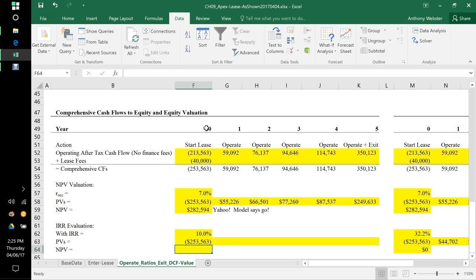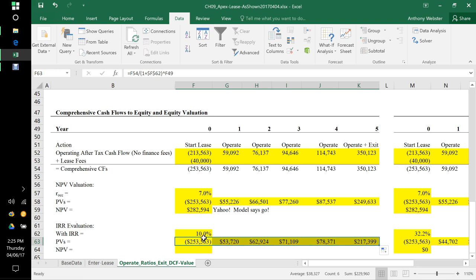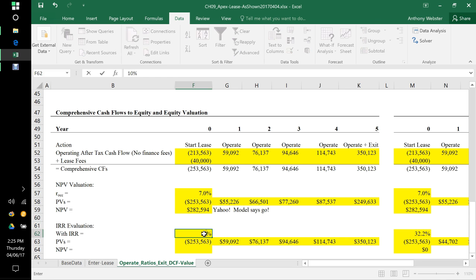And there we go. And I bring all those out. And again, we can do a quick check on this. If I've got everything right, if the IRR is equal to 0, there is no time value, so my present value of the cash flows is equal to the actual cash flows as they happen.